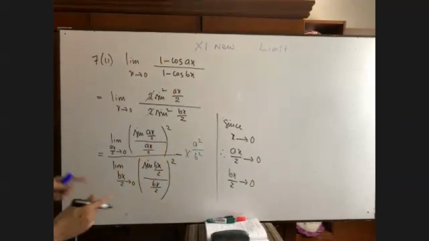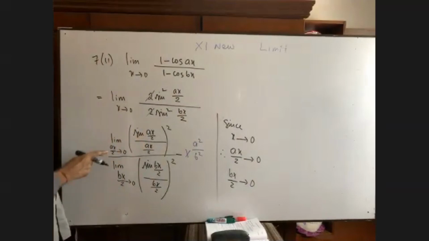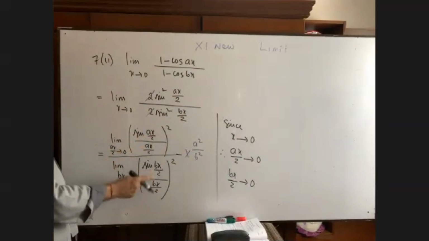Now you see the formula, limit x tends to 0, sine x by x equals 1. So we have got the same format. This is theta, ax by 2, theta tends to 0, sine theta by theta. This is theta, theta tends to 0, sine theta by theta.